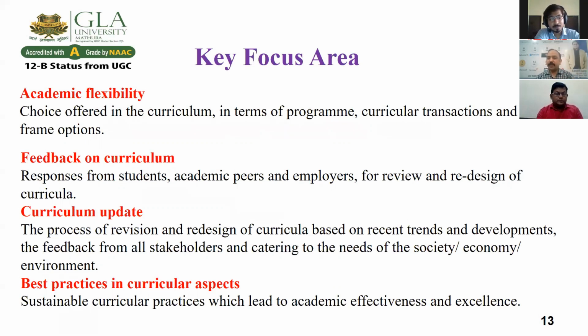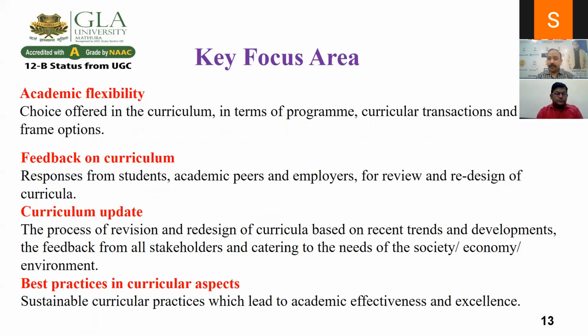Choice-based credit system means a student can choose their subject as per their own interest. Based on their interest, they just need to complete a certain number of credits. Even the government is offering that some courses can be opted online if they have an interesting topic or subject offered online through SWAYAM or NPTEL. Students can take those subjects.